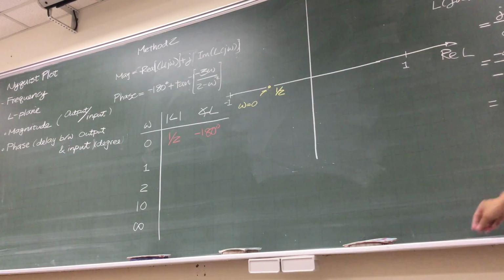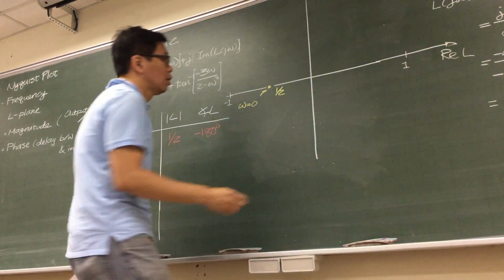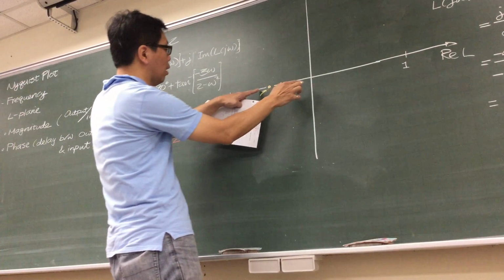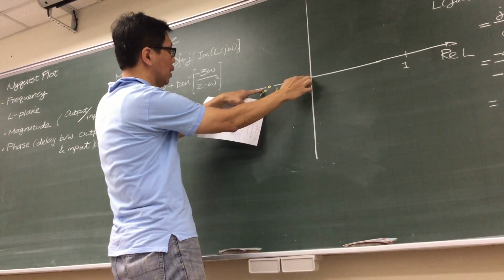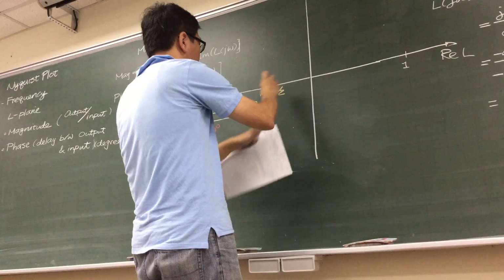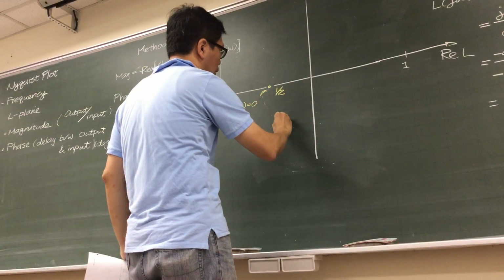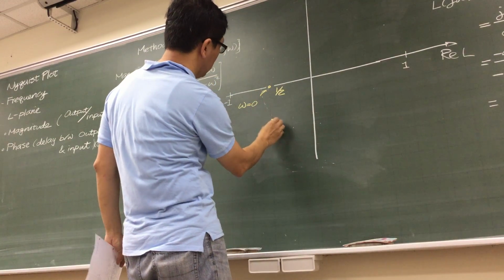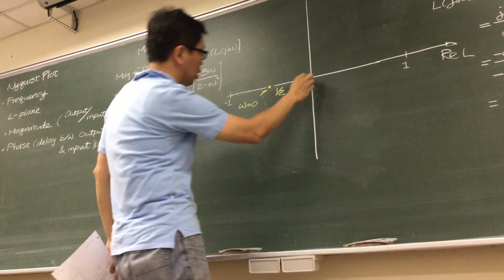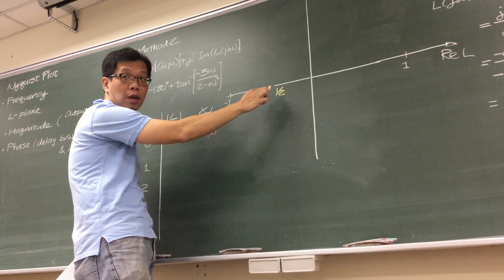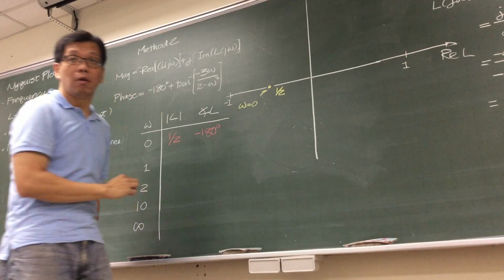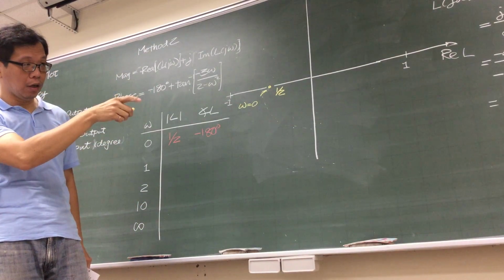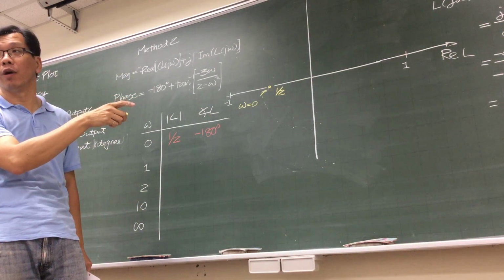So what are we going to do? 0.7 is about this large. That's a magnitude. And we put a radius. The radius is about 0.7. Now, I say the angle is negative 251 degrees.